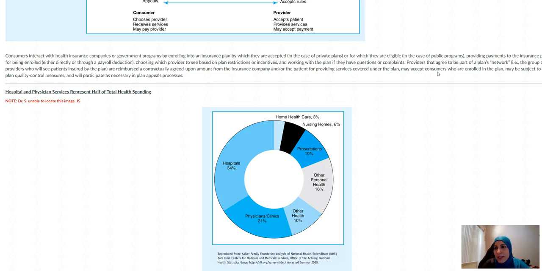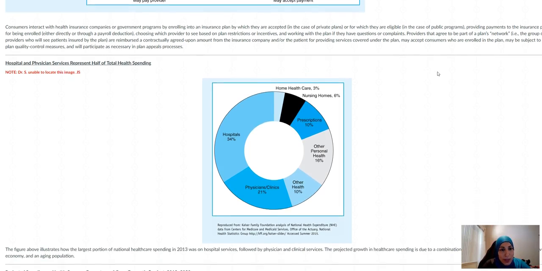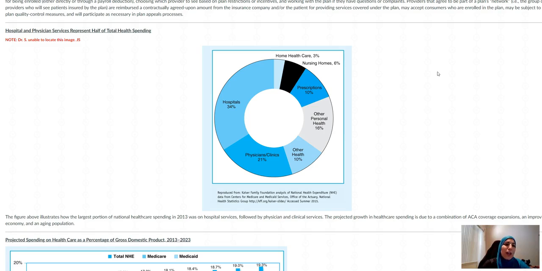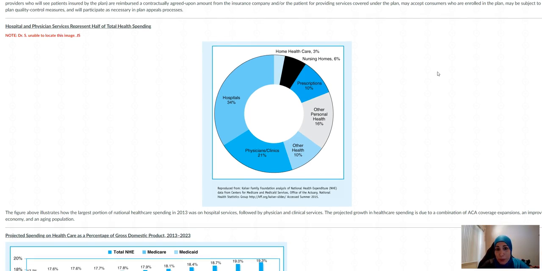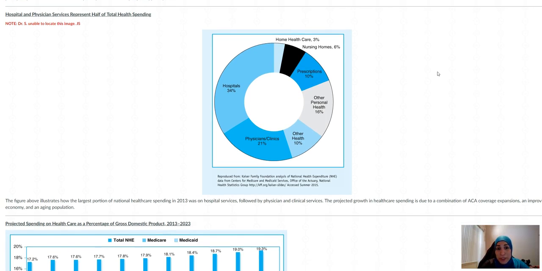All right, so below that is a pie graph that describes how hospital and physician services represent half of the total health spending. And that's where you get the 34% and the 21% right there.